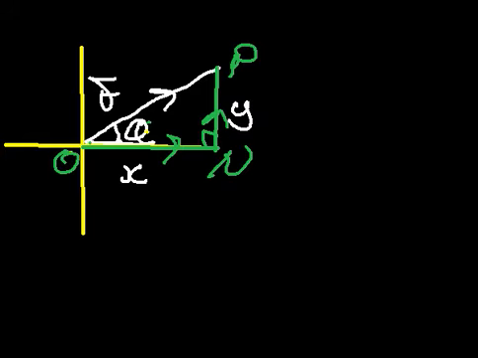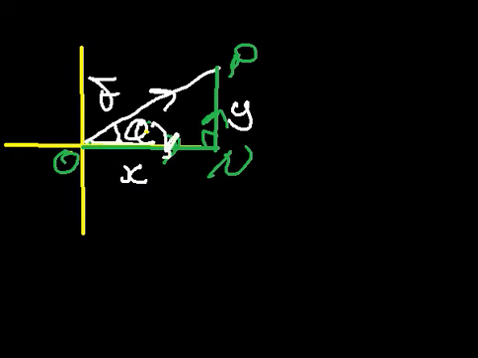So take note of that. As it stands here, this is the right-angled triangle, which means this is the hypotenuse. So what is the value of the component x?